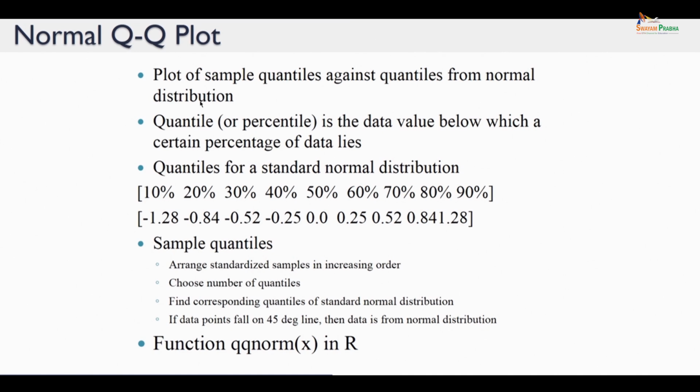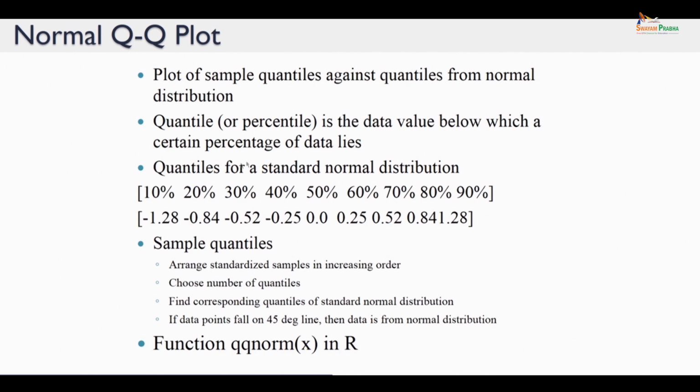So if we want to compare whether a given set of data follows a certain distribution, then we plot the sample quantiles against the quantiles drawn for that particular distribution against which we want to test this sample. So in this case, we want to test whether the standardized residuals that we have come from a standard normal distribution, and therefore we will take the quantiles from the standard normal distribution and plot it.